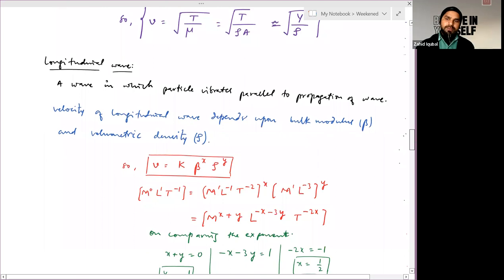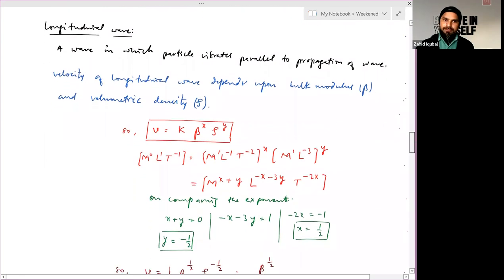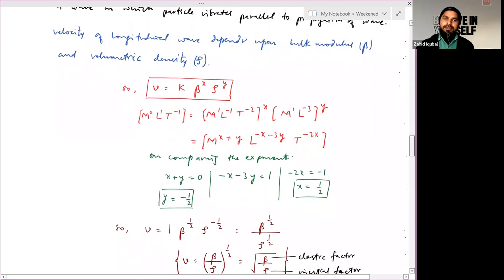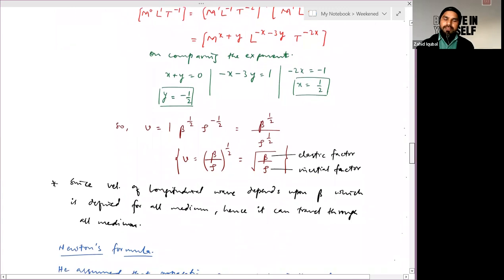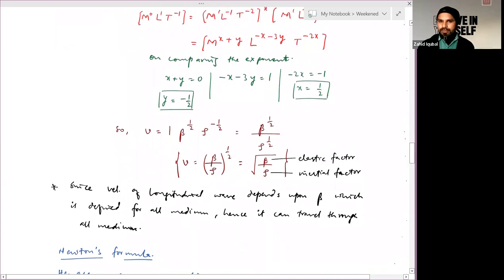That's why transverse wave can travel through solids only. But longitudinal wave depends upon bulk modulus, that is beta, or you can say compressibility of medium, which may be defined for all medium. So since velocity of longitudinal wave depends upon beta, which is defined for all medium, hence it can travel through all medium.